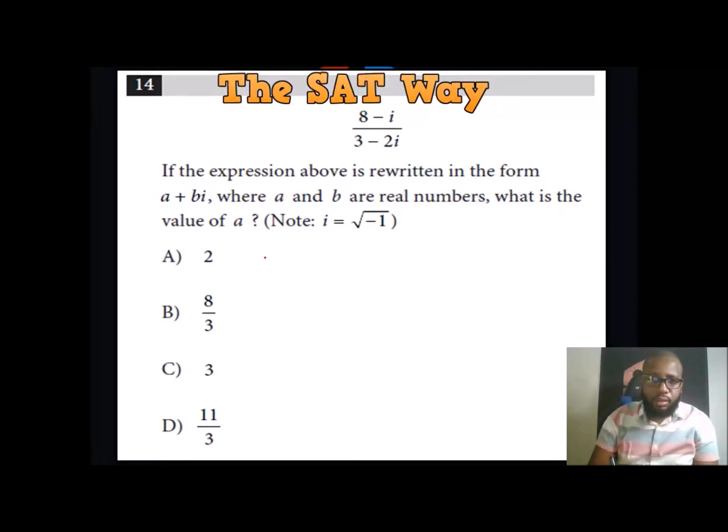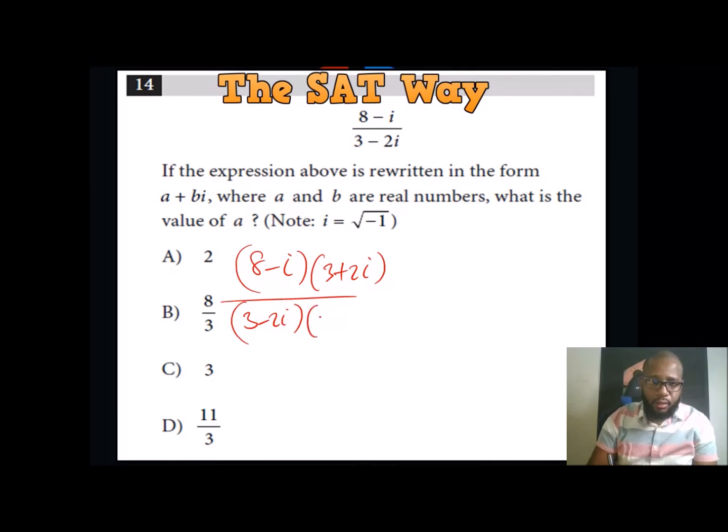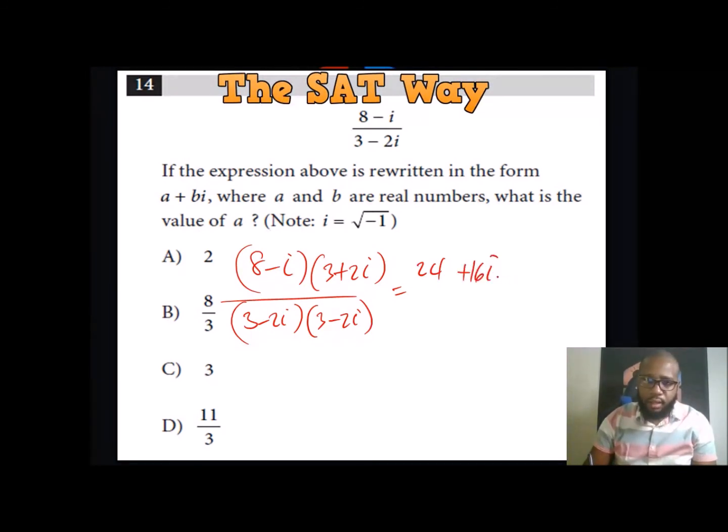So we're going to multiply by our conjugate quickly, which is 3 plus 2i over 3 minus 2i. So working out our numerator, we get the same as before. So that's 24 plus 16i minus 3i. And of course, minus i times 2i, that's going to give us a positive 2.